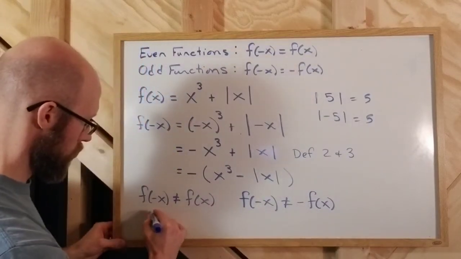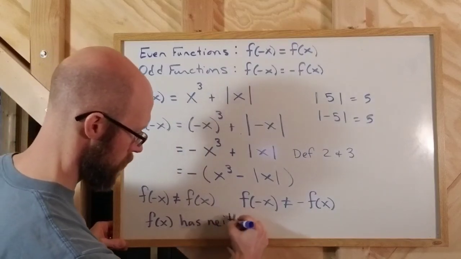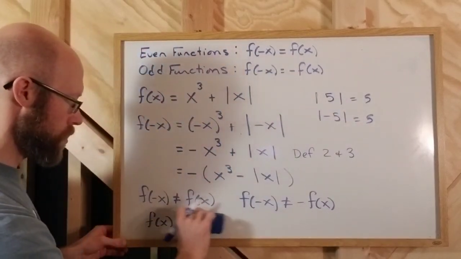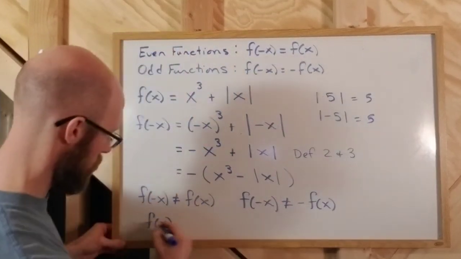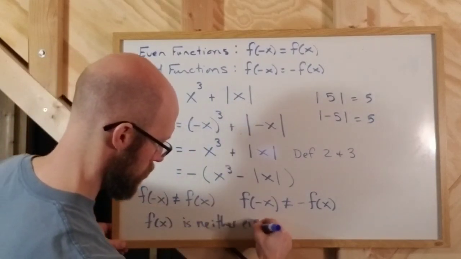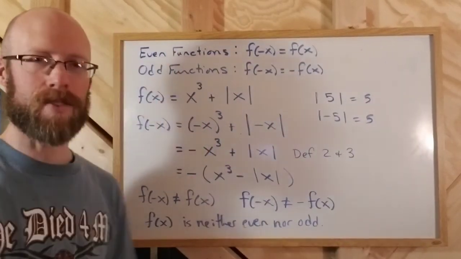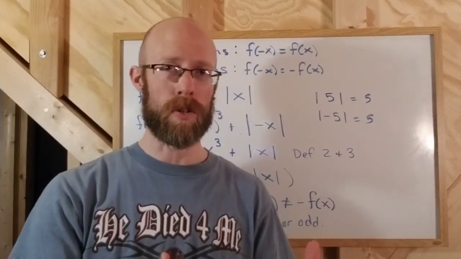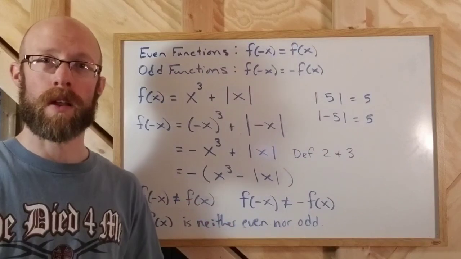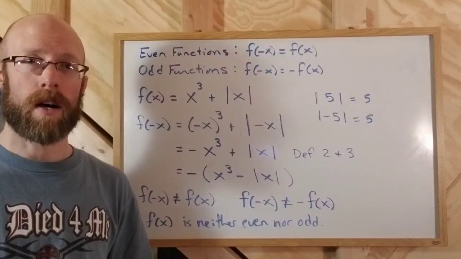Okay, so I would say f of x is neither even nor odd. Or you could say it has neither y-axis nor origin symmetry, okay? And so there you have three examples now, one for each case, where you could have even, odd, or neither type of symmetry.